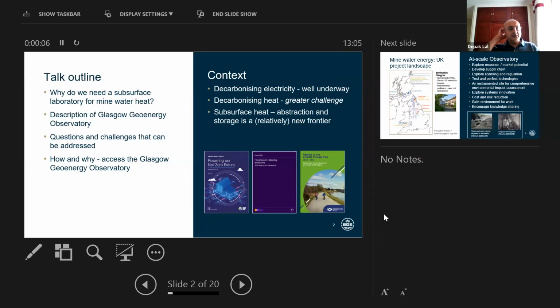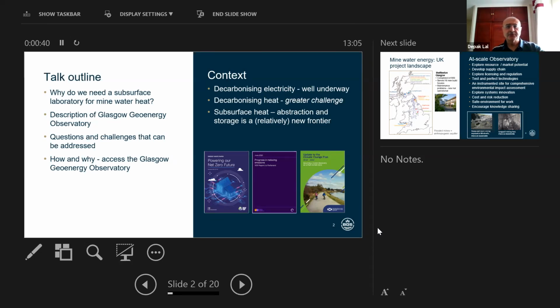Right. So what are we going to talk about today? Why do we need a subsurface laboratory for mine water heat? Description of the Glasgow Observatory, the questions and challenges that can be addressed, and how and why access, how do we get access to the observatory? And of course, I'm sure you're quite familiar with the context. Decarbonising electricity is well underway, but the big challenge is decarbonising heat.